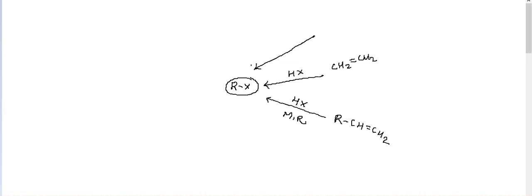Suppose you have an unsymmetrical alkene, RCH double bond CH2, and you have to add HBr specifically in presence of H2O2, then it will react by anti-Markovnikov's rule. So just remember, we have to apply anti-Markovnikov's rule. I am writing in short AMR here, and MR for Markovnikov's rule.